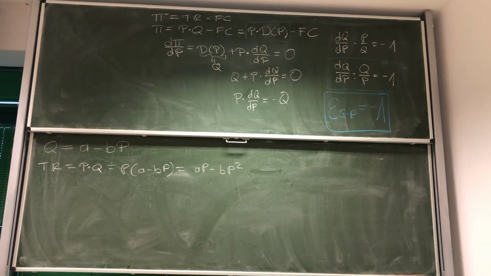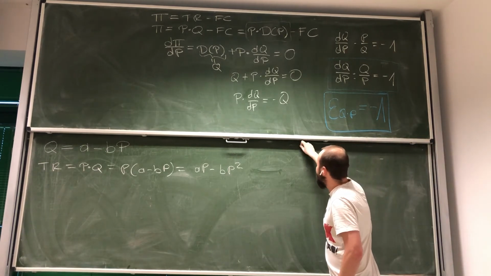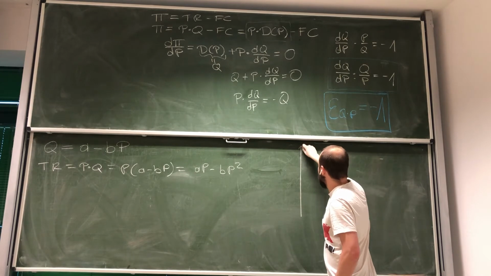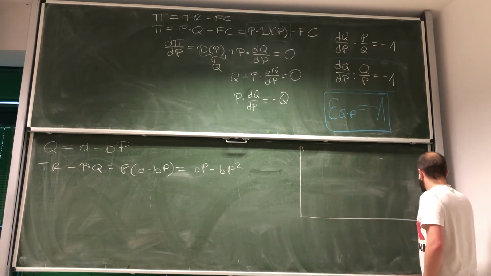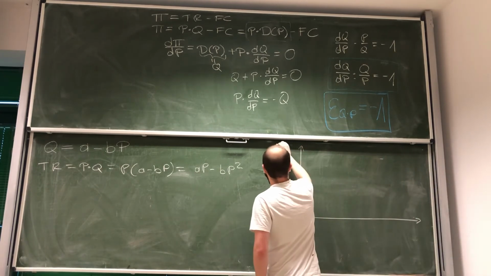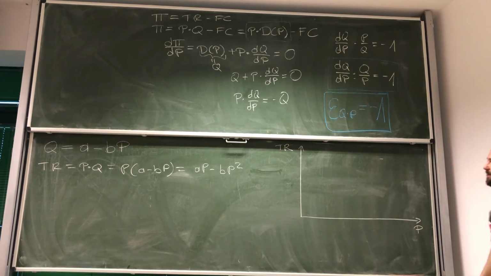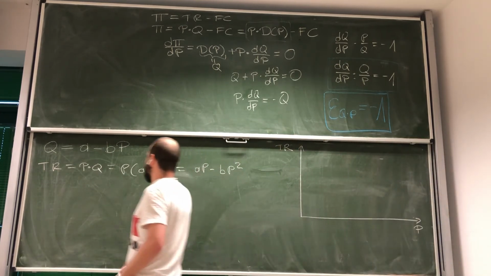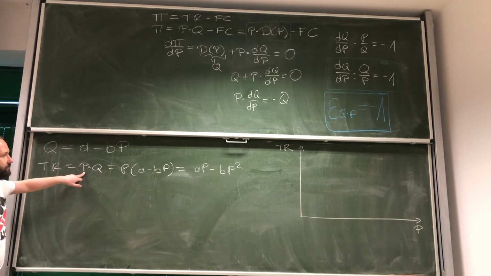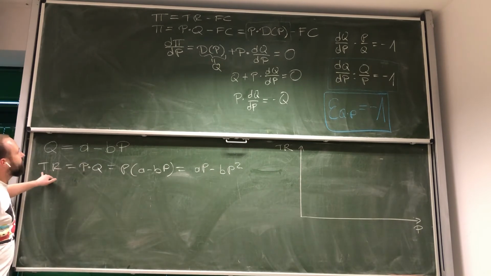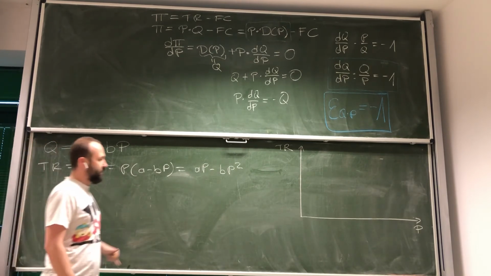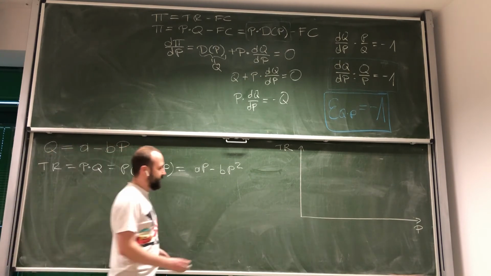What is this? This looks like a parabola, right? Okay, so look, if I would like to graph total revenue over here and price over here, what would I get? Well, what we definitely know is that, look, if price is 0, total revenue will definitely be equal to 0.